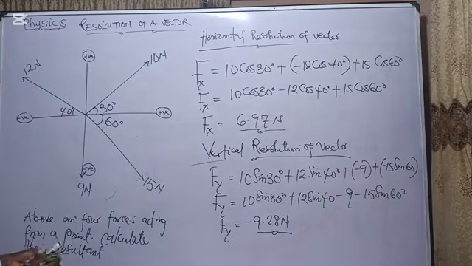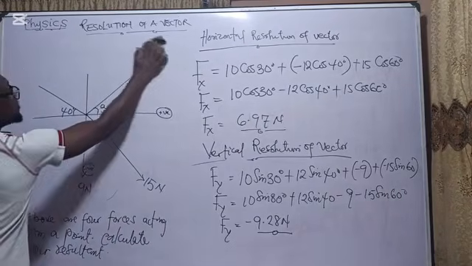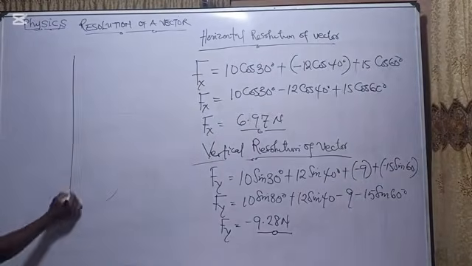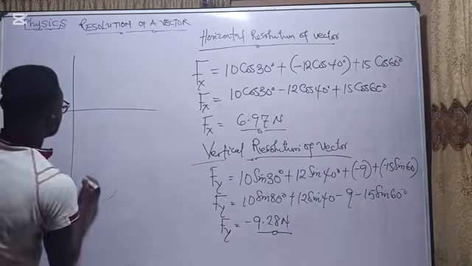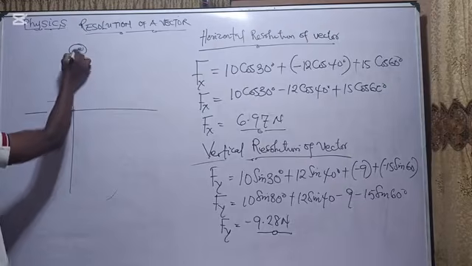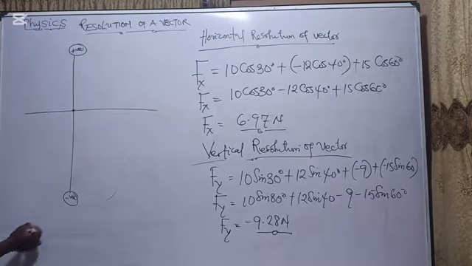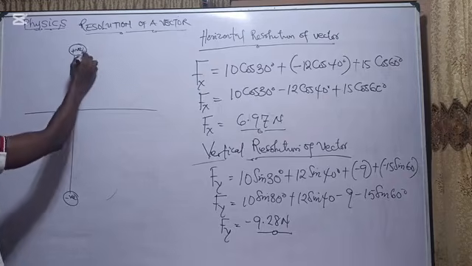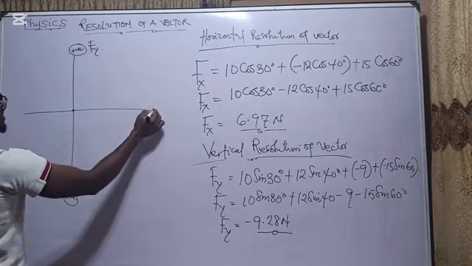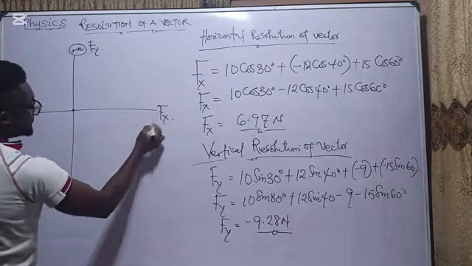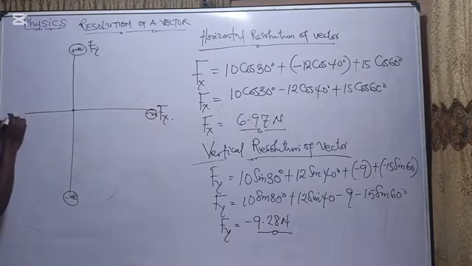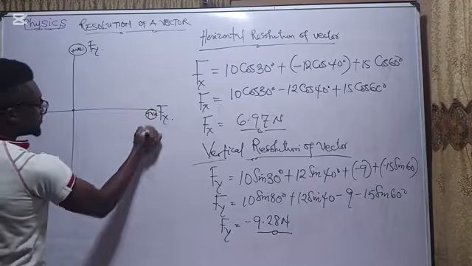Now we've got the vertical component and the horizontal component. So to resolve the vectors, we have this. Here is the origin, right? Here is the positive aspect of y, while here is the negative aspect of y, okay? So here is Fy components. Then here is the negative aspect of x. Here is negative, while here is positive.